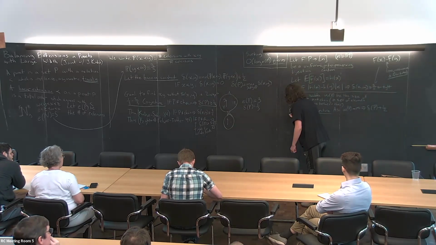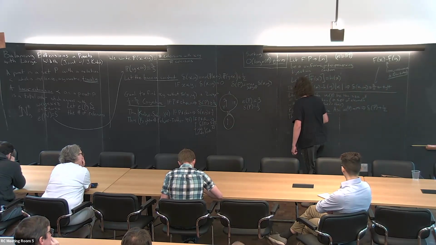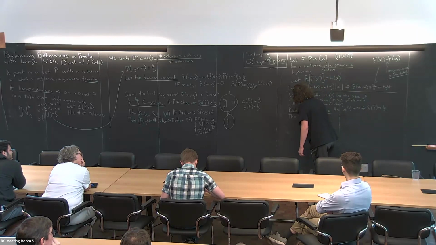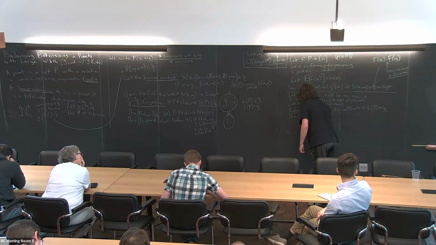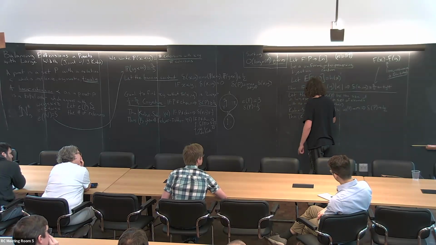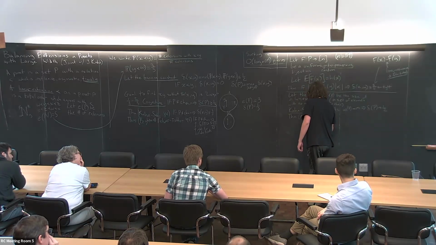So I'll talk about what is known. It's a difficult problem, so there hasn't really been a lot of progress, but there are two important results. The first is by Komlós in 1990.